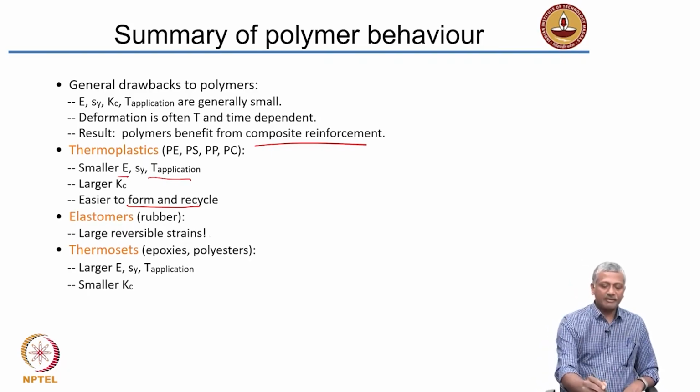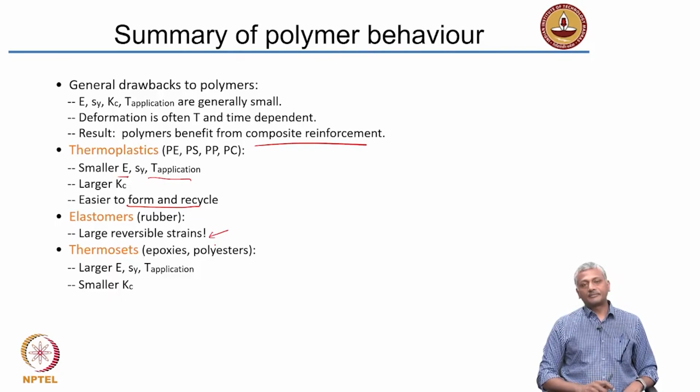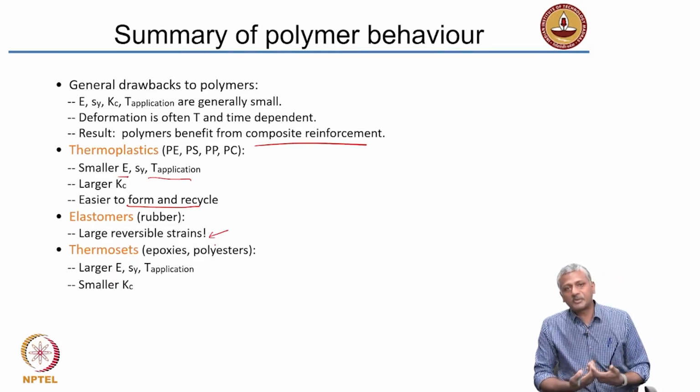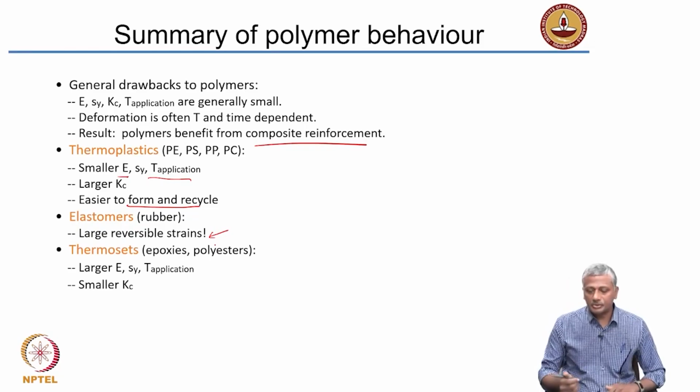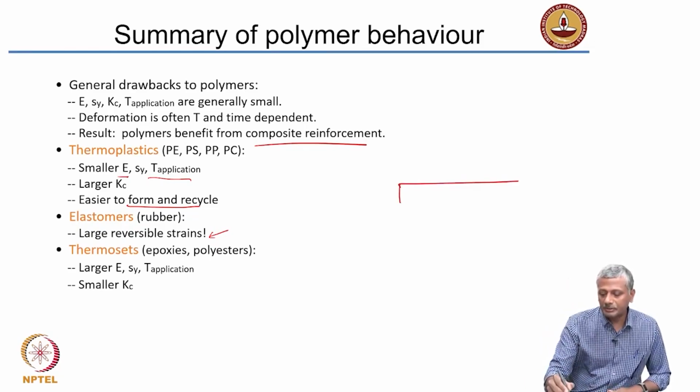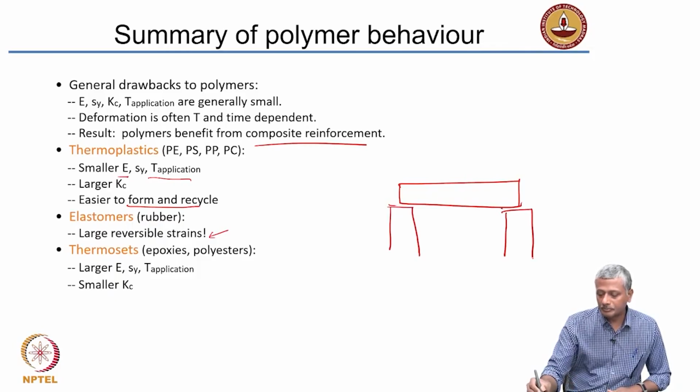Elastomers like rubbers have very large reversible strains. That leads them to have a very good characteristic with respect to engineering. Where do we use a lot of rubber in engineering? We use that for the bearing pads in a bridge. So if you have a bridge deck which is supported on piers or columns, right, you typically have a bearing pad here.